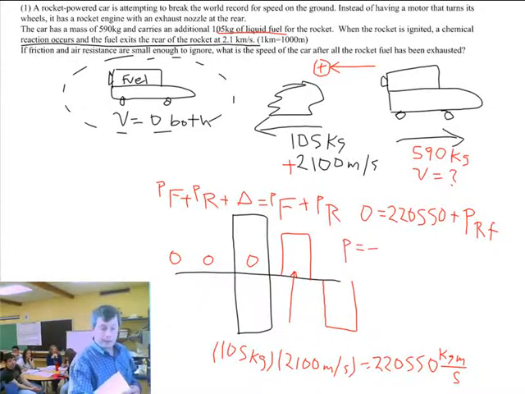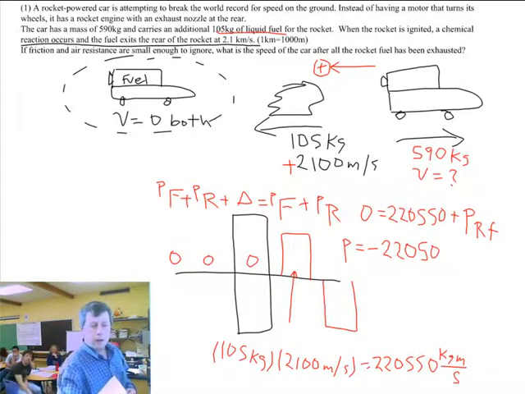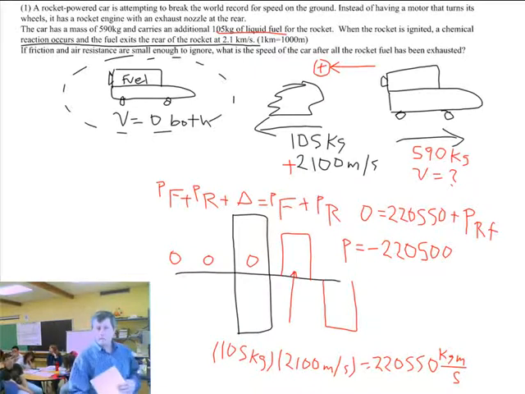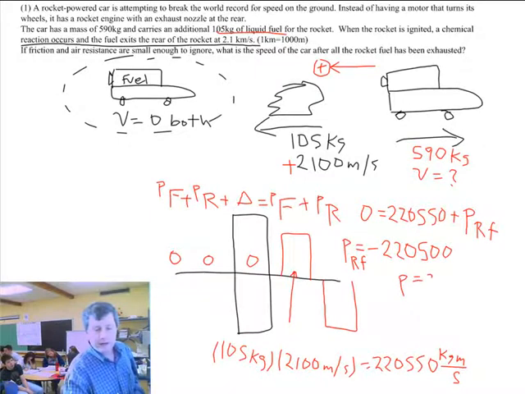So we end up with this negative number for the final momentum of the rocket car. Is that cool? Yeah, it's not only cool, it would have to be. If the fuel has positive momentum, the car has to have negative. We know that from the definition of momentum.